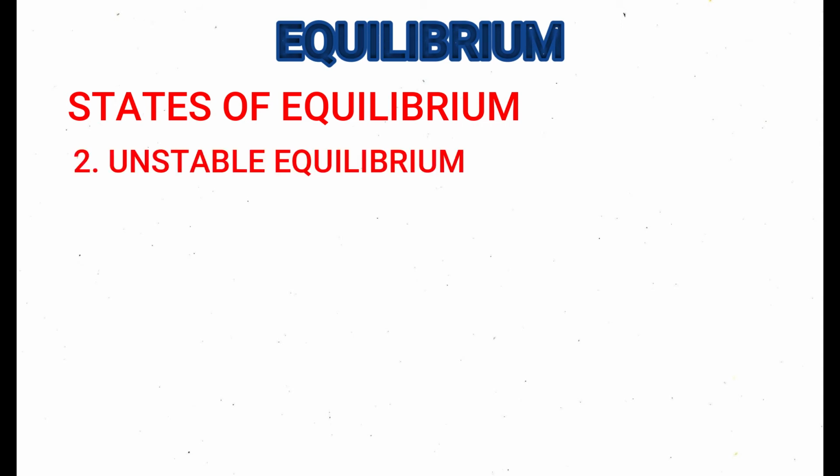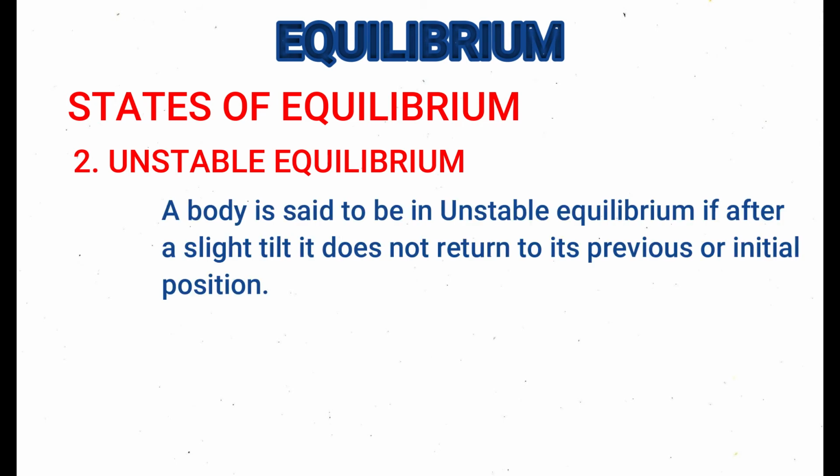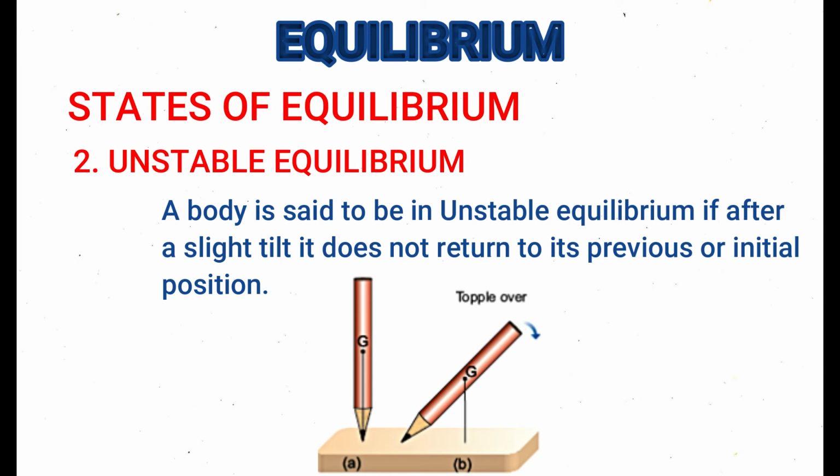Now the second state of equilibrium, that is unstable equilibrium. The definition of unstable equilibrium is that a body will be in a state of unstable equilibrium if after a slight tilt it does not return to its original position or previous position. Let us have an example of a pencil balanced at its tip. Try to keep it in a vertical position on its tip, but when you leave the pencil, it topples over about its tip and falls down.